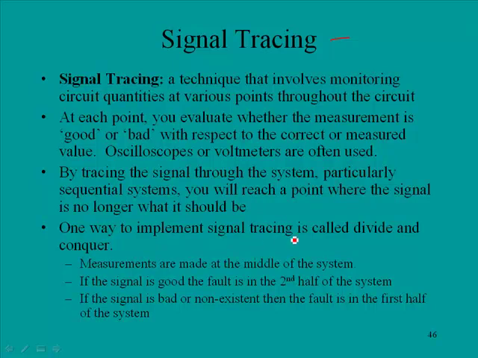And at that point you determine, well, this is probably where the fault is. One way to implement signal tracing is called divide and conquer. In this strategy, measurements are made at the middle of the system. If I can draw a very basic diagram, let's pretend that here we have a given system, and a signal comes in here and the signal comes out over here. Let's pretend that we have test points throughout this circuit, and we could measure every single one of these test points to determine when the system fails.